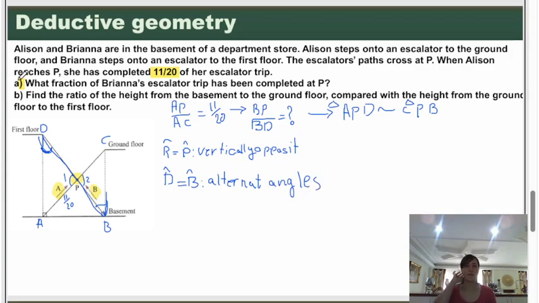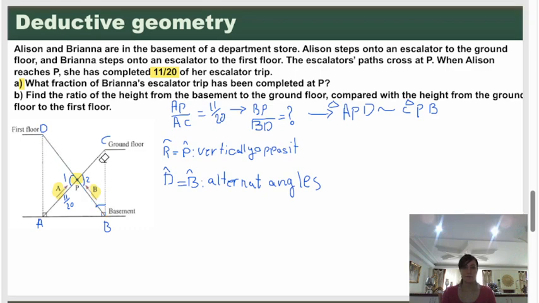So I go for the next one, which is C and A. For C and A, again the same reason. This time the transversal line is AC.